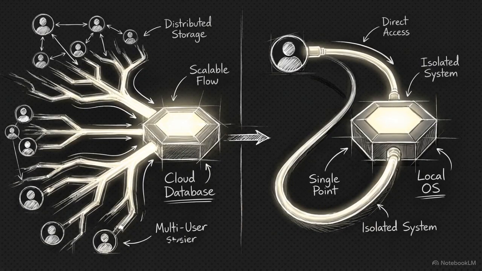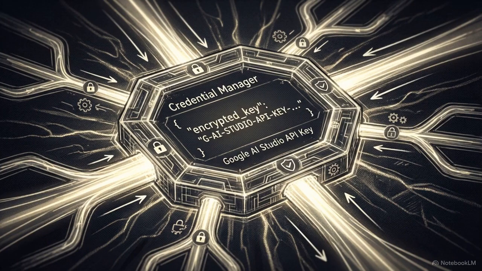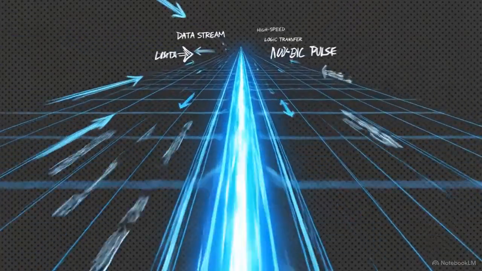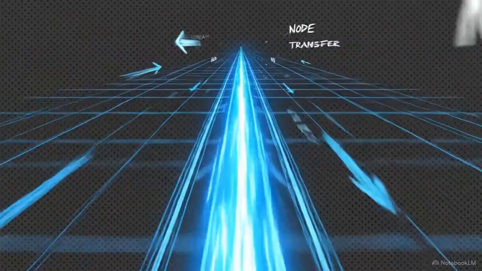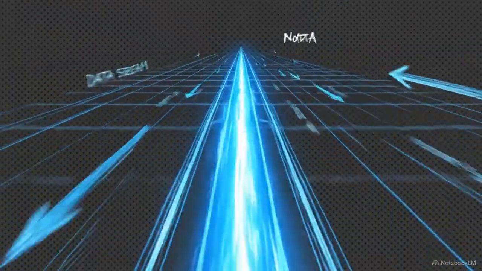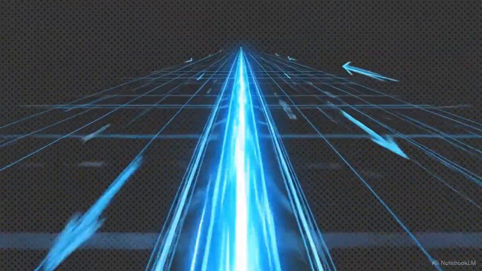Standard SaaS applications pool thousands of user API keys in centralized cloud databases. By keeping the key local, we eliminate that third-party security liability. True sovereign architecture requires the API key to never leave the host operating system. With the payload sanitized and the key secured, the system initiates the API handshake, routing directly to Google Gemini.